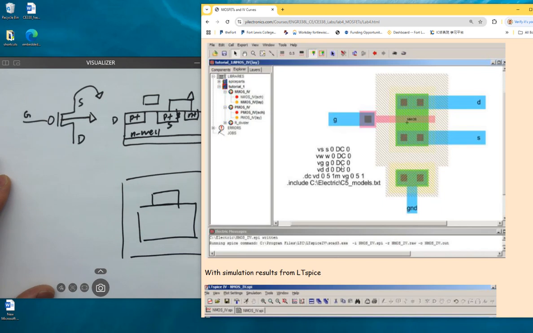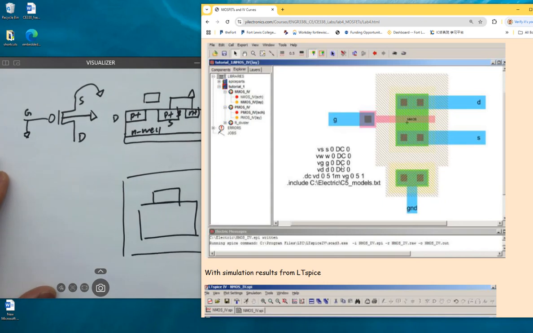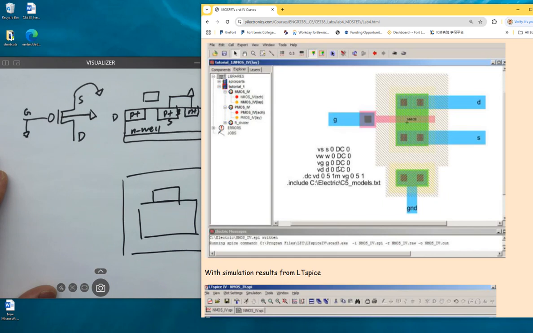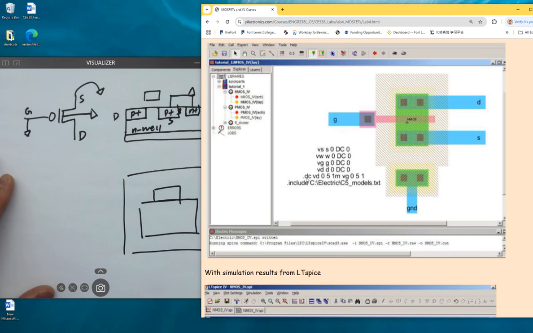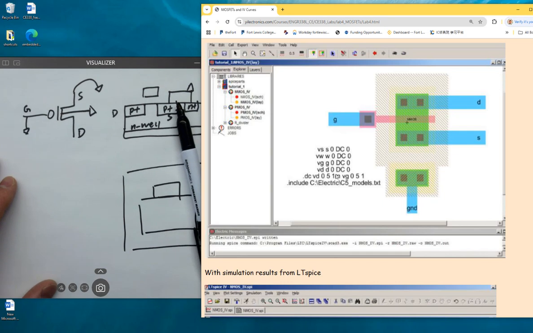G is also shorted to ground. How could that work? What else? D is shorted to ground, but the thing is you are doing a DC sweep, so it doesn't really matter because eventually D will be swept from 0 to 5.